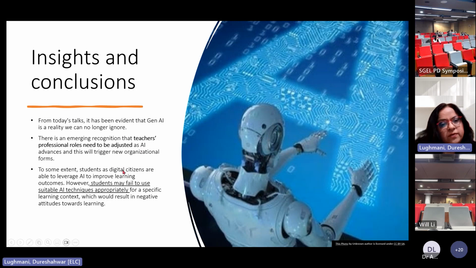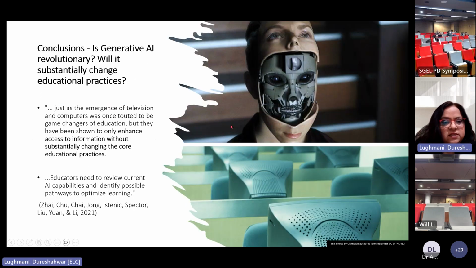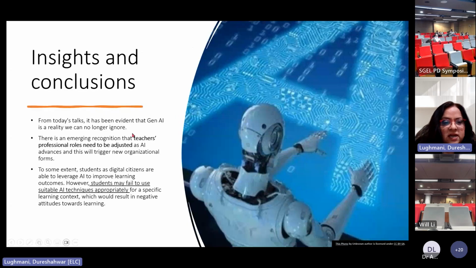But because of those different perspectives, we understand that teachers' professional role has changed drastically, and there needs to be organizational reforms. To some extent, students as digital citizens are able to leverage AI and improve learning outcomes. But they may fail to use suitable AI techniques appropriately for their own learning context.